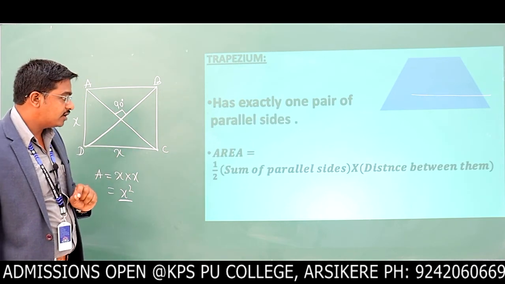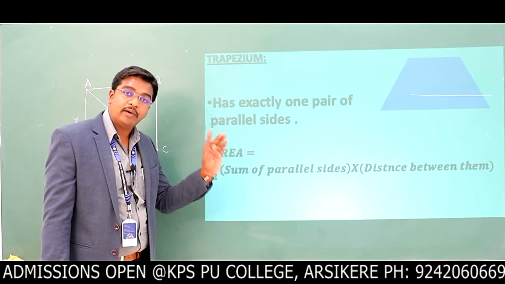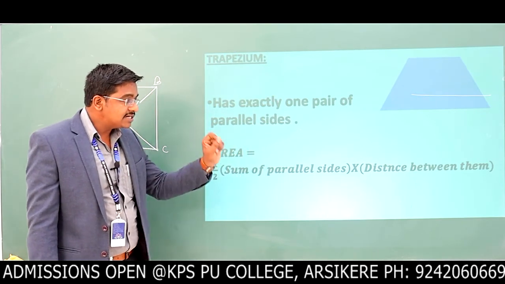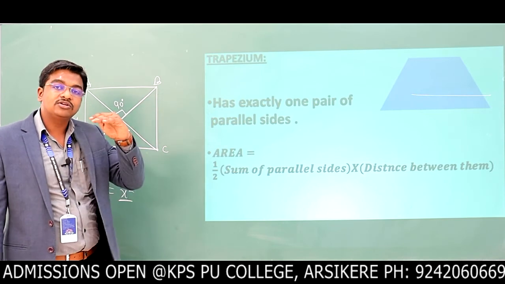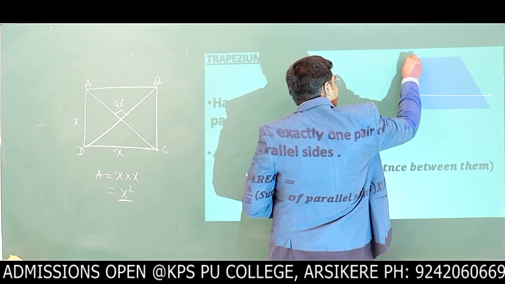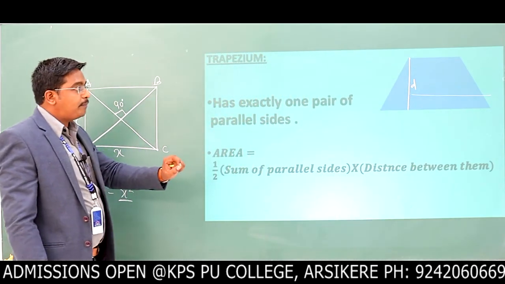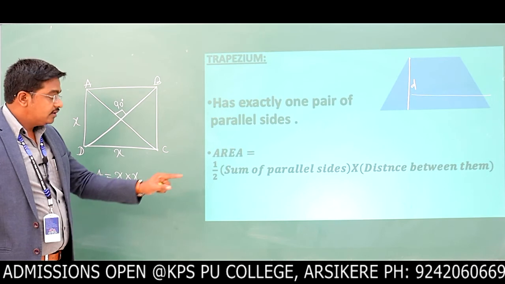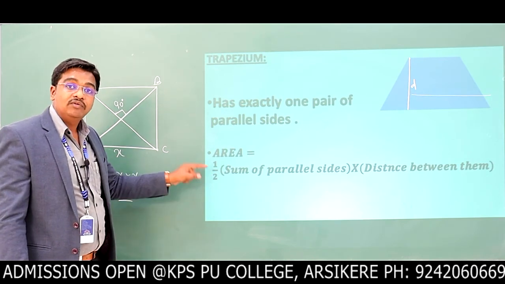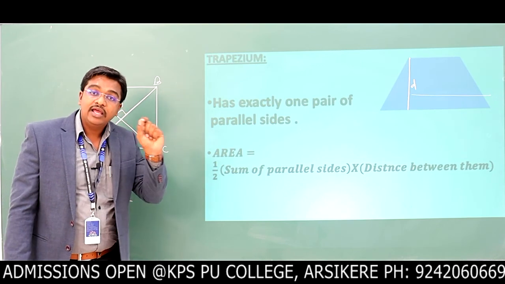And the second property, area: area is equal to half into the sum of the parallel sides into the distance between them. Distance means the perpendicular distance; let's take it as d. Sum of the parallel sides into distance, multiplied by 1/2, gives the area of trapezium.